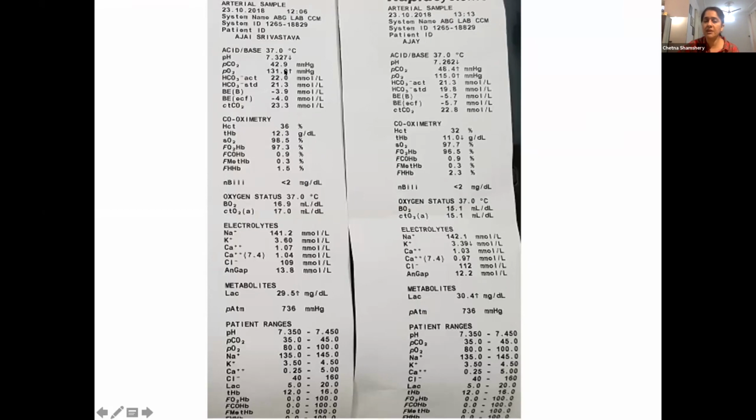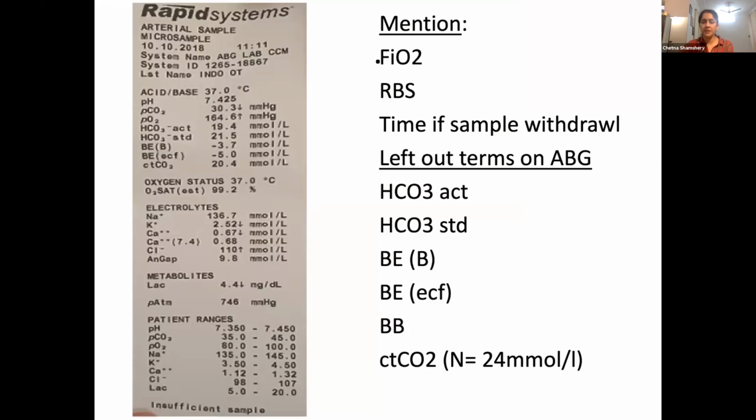The PO2 was 131 and goes down to 115 because the cells are continuously using it. The PCO2 was 42; after 1 hour it has increased to 48.4 because the cells are continuously releasing it. So all the values are going to be affected if you keep the sample for long. All these things come under pre-analytical errors.